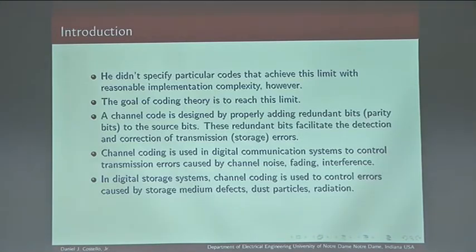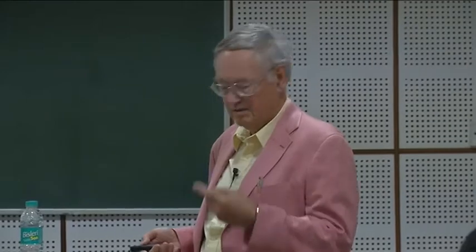In storage systems, it could be just defects in the storage medium, in the disk or in the tape, optical media now, dust particles, radiation, etc. These would cause bit errors if you just think in terms of this binary symmetric channel model that we talked about earlier.